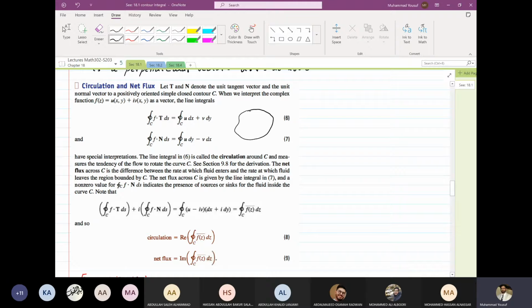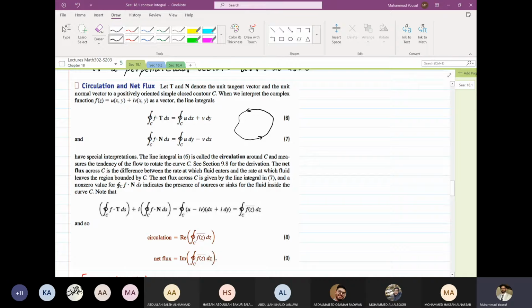Let me tell you here, a curve is positively oriented when we move along the curve and the area bounded by the curve is on our left hand side. Usually it is counterclockwise. Most of the time it is counterclockwise, sometimes it is clockwise. I will tell you later when it is clockwise.